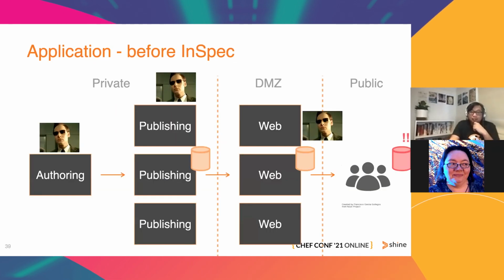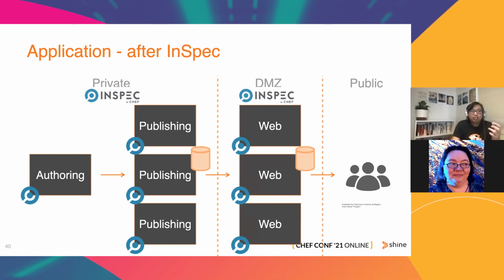And then from the application architecture point of view, this is how it looked before Inspect: a set of manual checks along the way. After Inspect, we have Inspect checks on every server and every environment, making sure that all the security and compliance requirements were met.